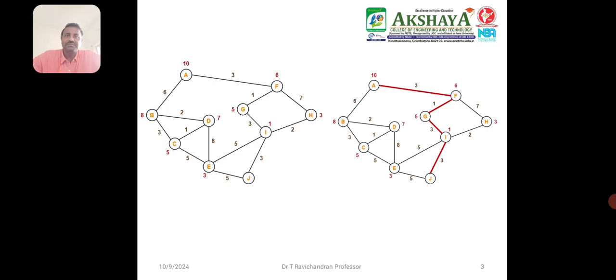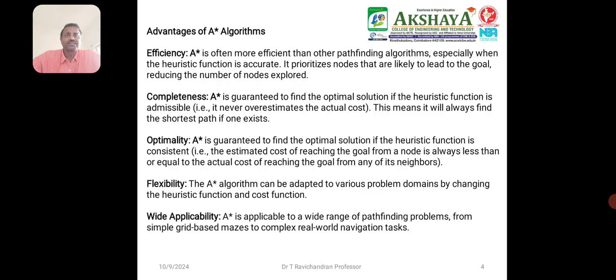In the A-star algorithm, f of n is equal to g of n plus h of n. There are advantages and disadvantages of the A-star algorithm. Advantages: Efficiency. The A-star algorithm is often more efficient than other pathfinding algorithms, especially when the heuristic function is accurate.